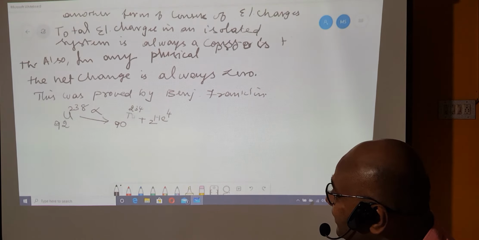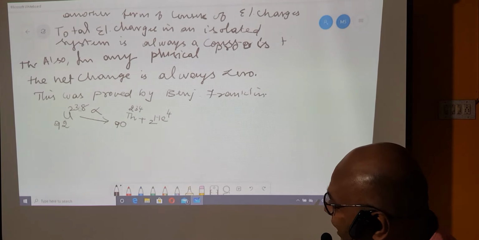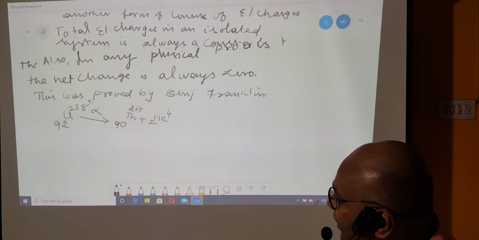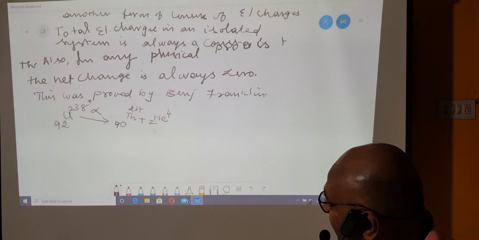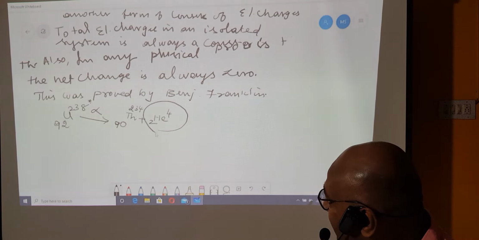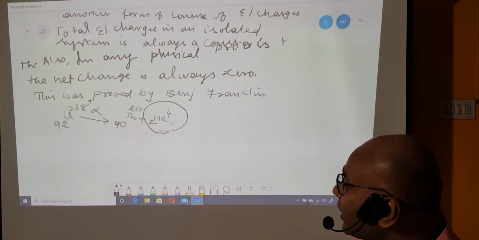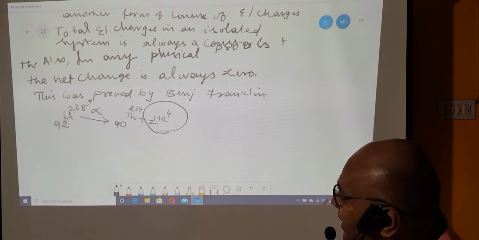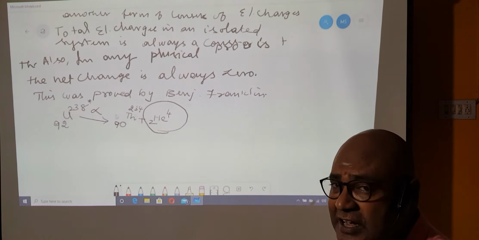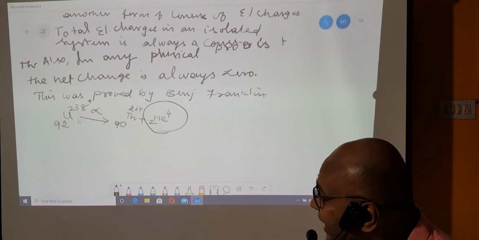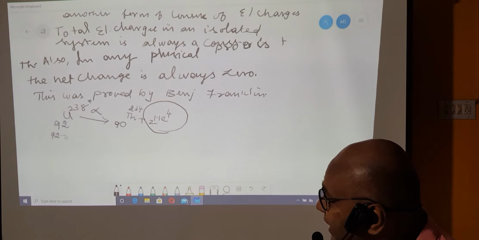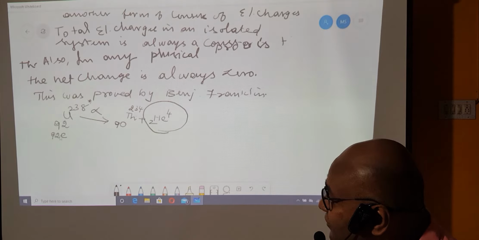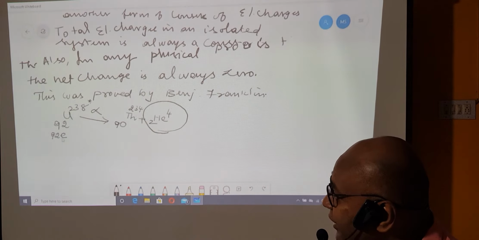If it is 90, then this is thorium. This radioactive material gets converted into thorium when it emits an alpha particle. See here, the conservation of electrical charges taking place. In case of uranium, there are 92 electrons or 92 protons. The charge of one electron is e, the basic charge. So the total charge available is 92e.